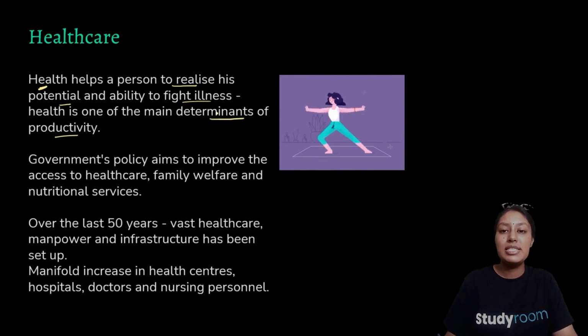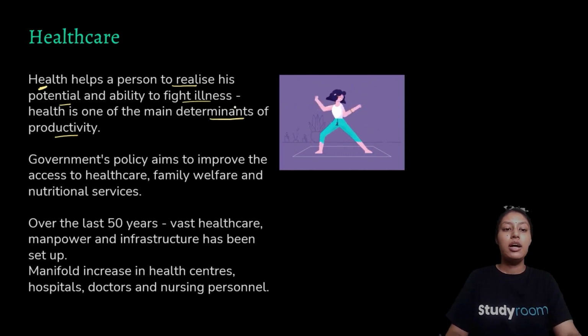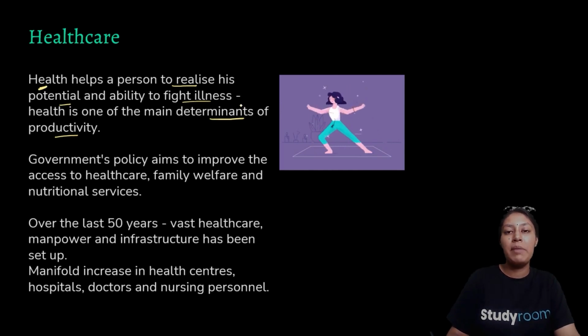When one person is healthy, they will obviously be very productive. If a person is not healthy, definitely they will not be as productive, right? So health is very important.